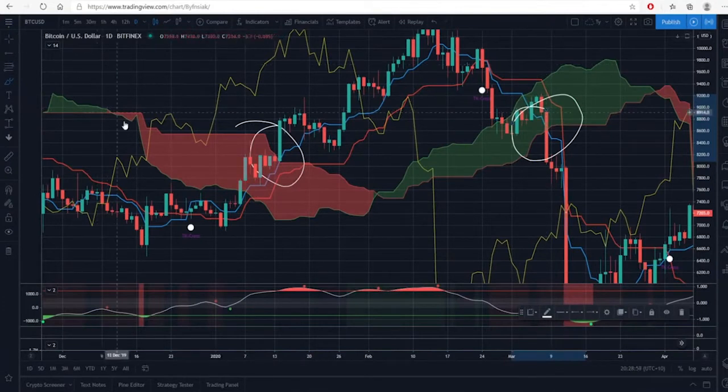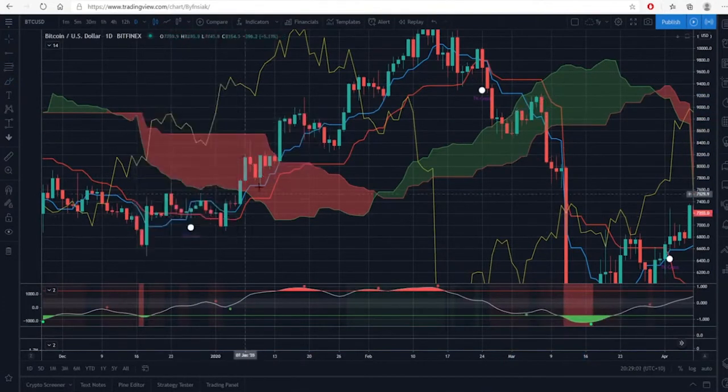We know that when we are trending or ranging above the cloud, that's a very bullish environment, depending on one factor.